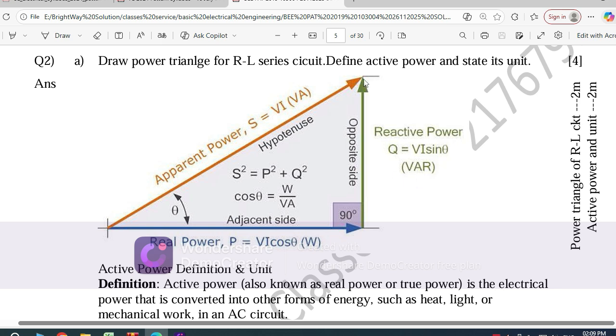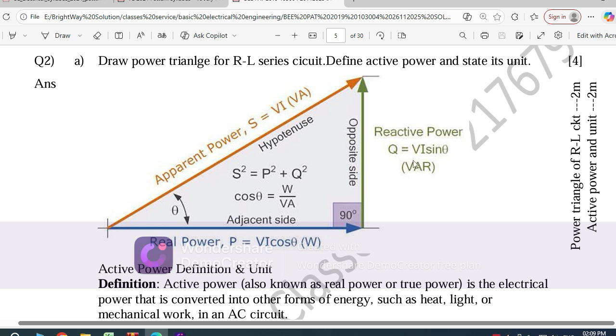Its hypotenuse is the resultant of these, equal to VI, just VI without any other parameter. This is the apparent power, the complex power. Okay, normally. So this is a question for 4 marks.